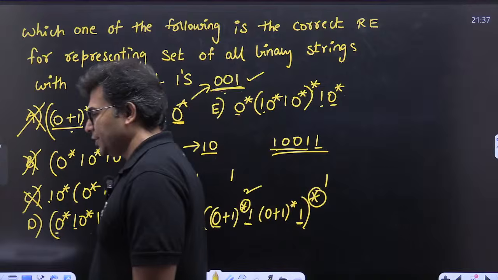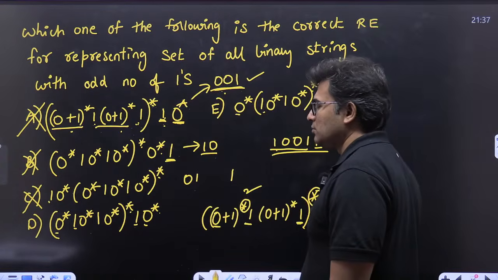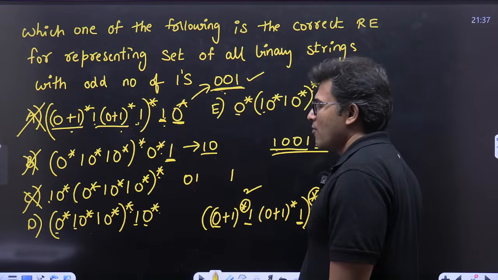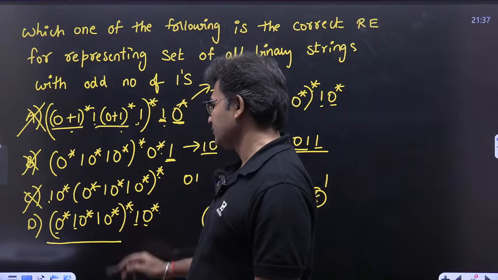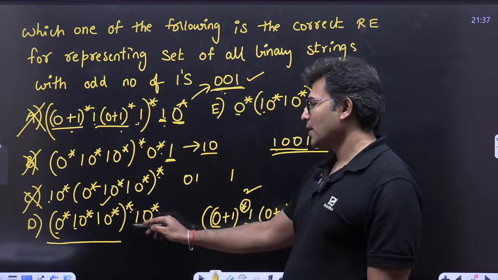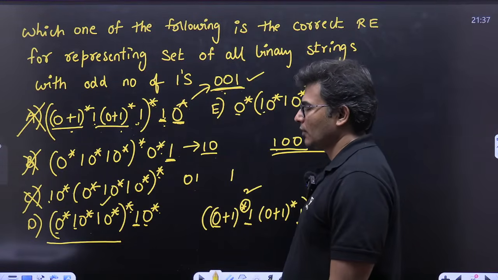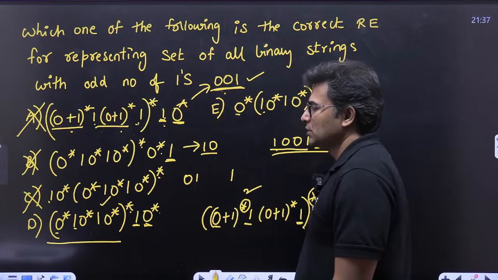Check the option D. Now you can generate even number of ones using this first expression, and then you can add a 1 which is odd number of ones, right. After that you can get any number of zeros.